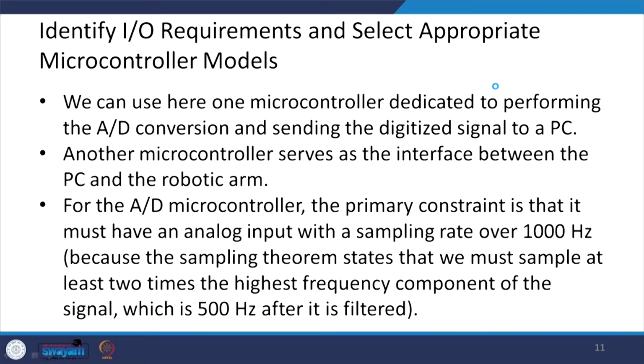Here, one can use a microcontroller dedicated to performing the analog to digital conversion and sending the digitized signal to a PC. Why do we require analog to digital conversion? Because the myoelectric signal is actually an analog signal, whereas your system will require a digital signal. So, we need analog to digital conversion before it is processed.